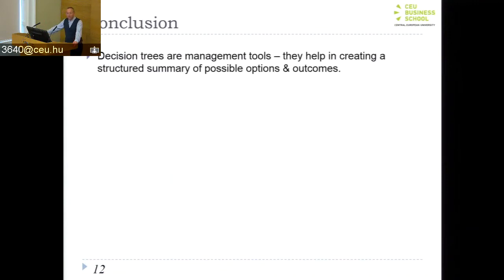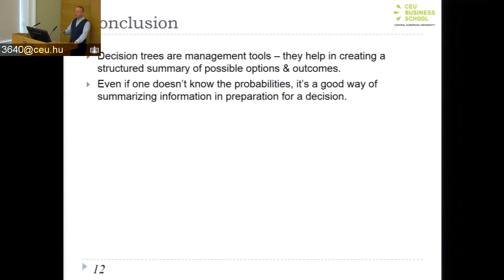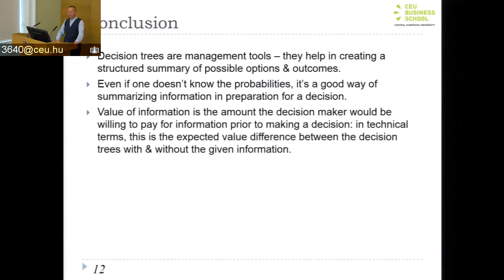If you have a brainstorming event when you are talking with your colleagues about possible options, just drawing or envisaging what happens after the decision making will give you a sort of timeline, and then people can brainstorm about this. This is a great way to structure a meeting around. Okay? Even if you don't have the probability specifically, this is a good way of summarizing information.